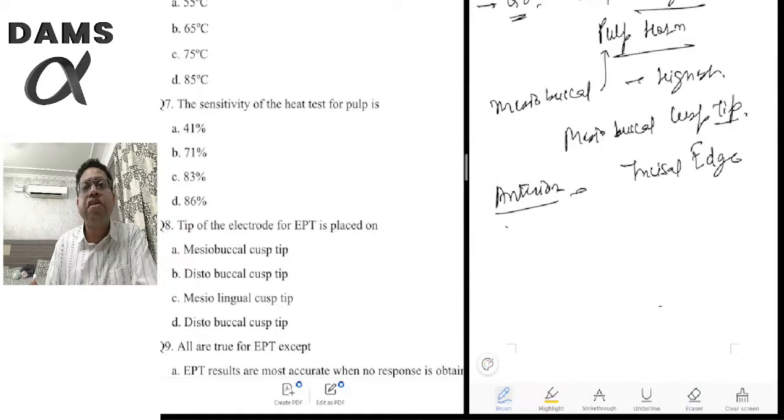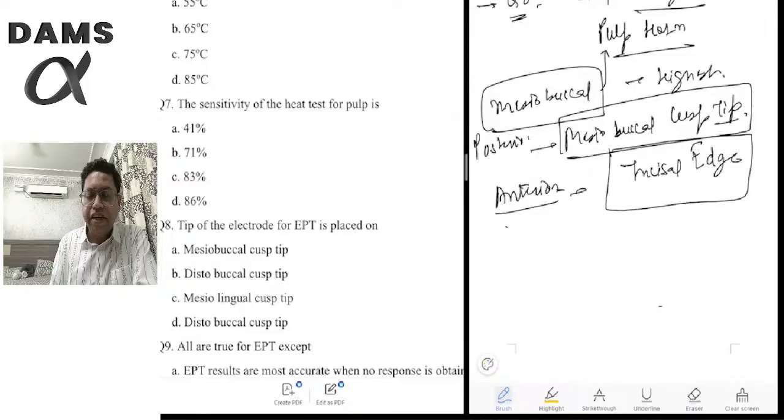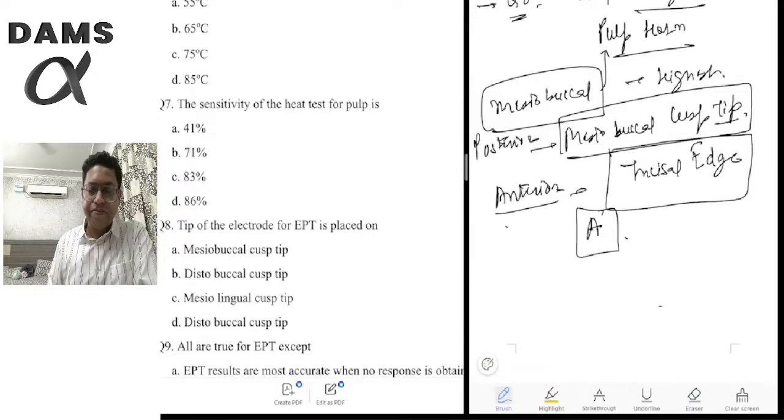Pulp horns are present below the incisal edges for anterior teeth, and below the cusp tips for posterior teeth. And which cusp tip has the highest pulp horn? The mesiobuccal cusp. So the preferred location is the mesiobuccal cusp tip for posterior teeth and the incisal edge for anterior teeth. Option A would be the answer to question number 8.